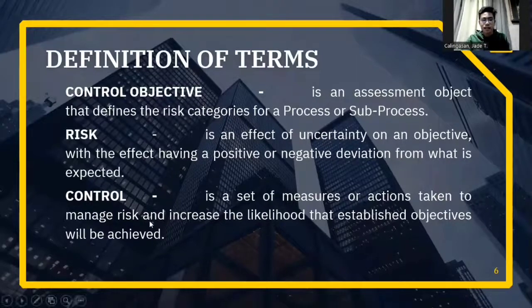And next is the control. Control is a set of measures or actions taken to manage risk and increase the likelihood that established objectives will be achieved. So we will encounter these terms again and again in the latter part of the discussion. And now, without further ado, let us proceed to the next slide.